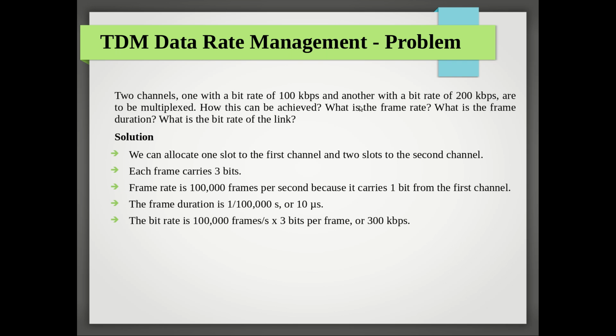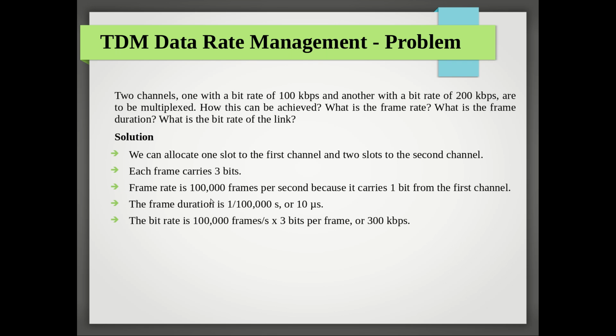Within a frame there will be 1 bit coming from input line 1 and 2 bits from input line 2, so that the data rate is equalized. Each frame contains 3 slots, and in each slot we store 1 bit, so 3 bits in total. That 1 bit is not in the given question, but we assumed so, as no other information is given.